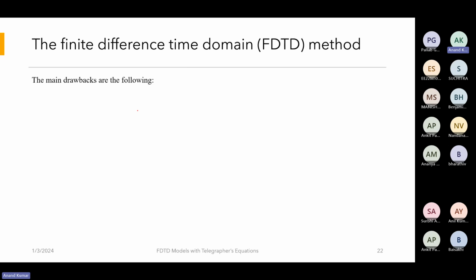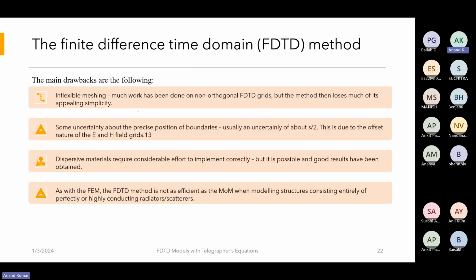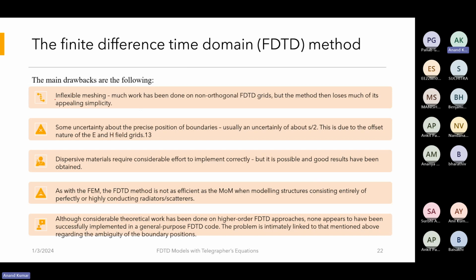Now, for the drawbacks, we have inflexible meshing. FDTD is kind of a meshed method because we have these cubes, which you don't actually make conform to the surface.